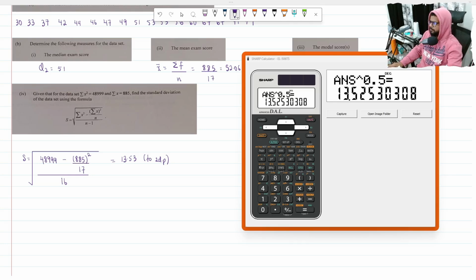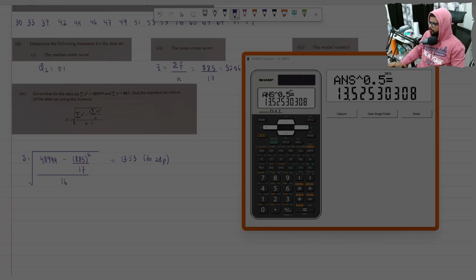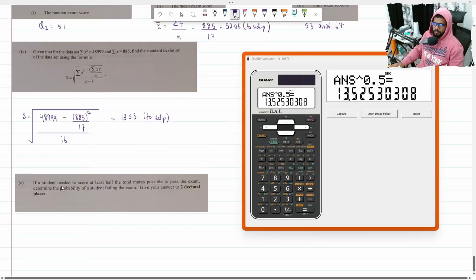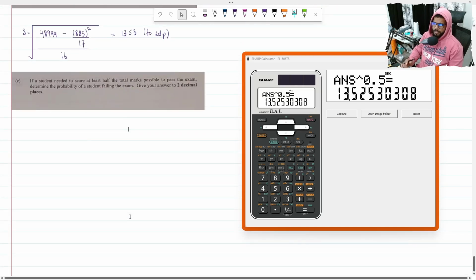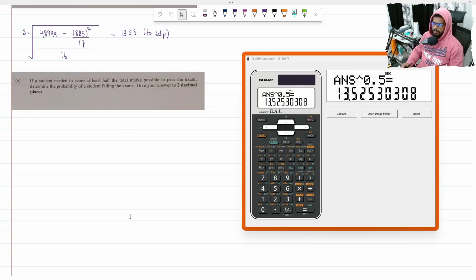But see, if a student needed to score at least half the total marks possible to pass the exam, say the pass mark is at least 40, which means greater than or equal to 40.